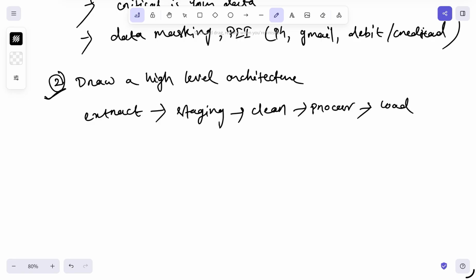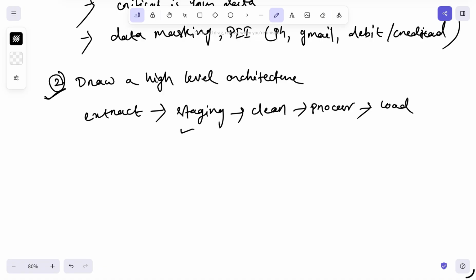You can draw this kind of high level architecture. Or you can say, we extract the data from an API, for example, and store the raw data as it is into our staging layer. Once the data is in the staging layer, a job will run from there.